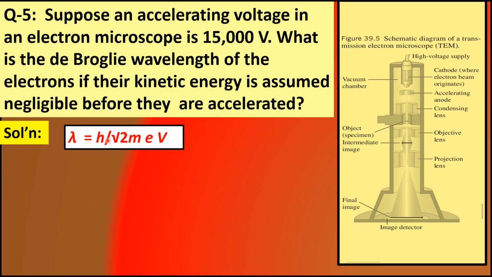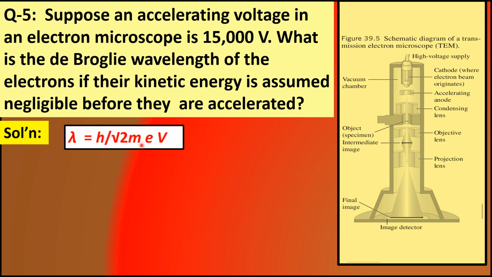So we have to determine first the result of getting the square root of this quantity in the denominator before doing our division, dividing Planck's constant by the result.